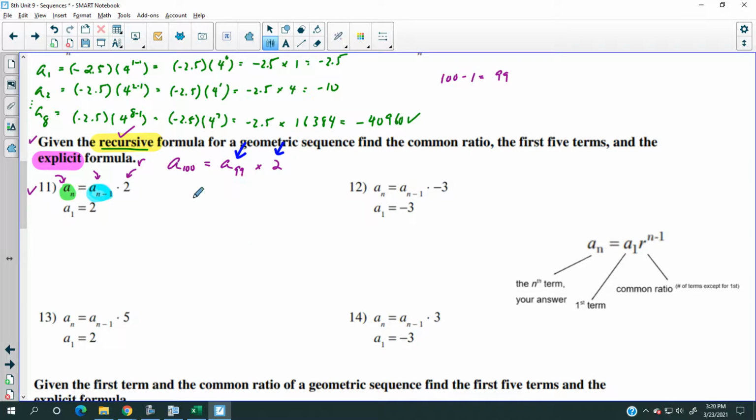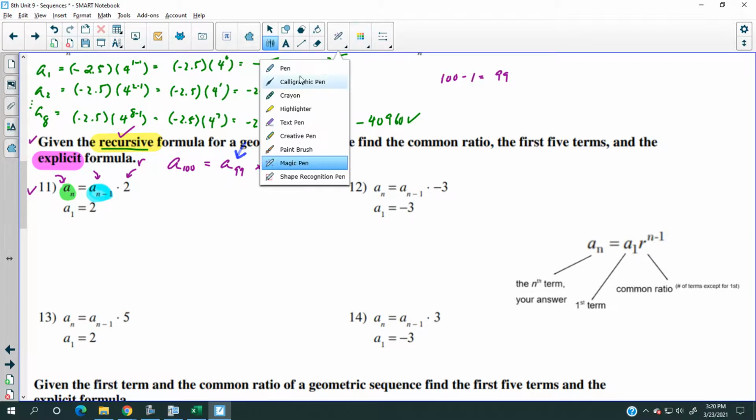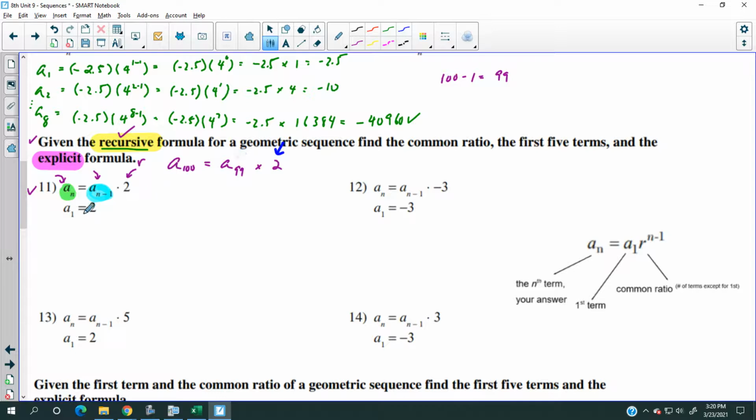In other words, from the very beginning, the first term, you just multiply by 2. The second term is the first term times 2. The third term is the second term times 2. Basically, it's whatever the number before.